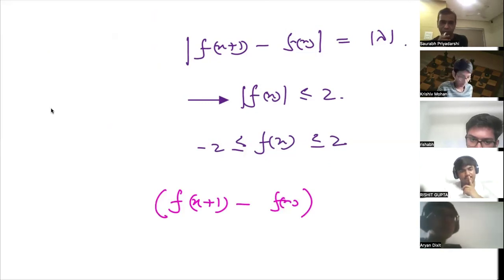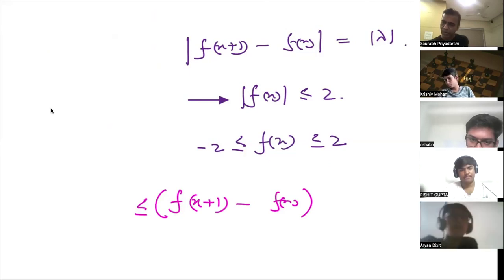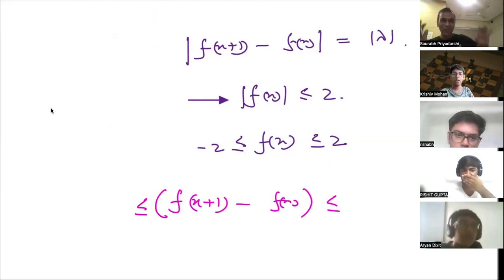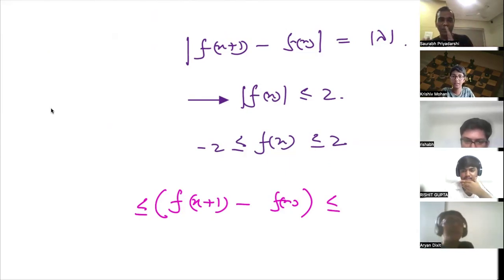What is the minimum value of this and the maximum? The minimum value is -2 and the maximum is 2. Okay, do one thing: minimum value -4, maximum value 4.